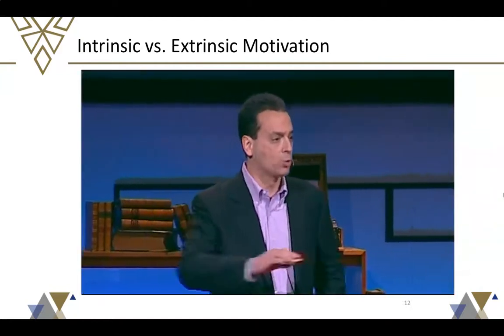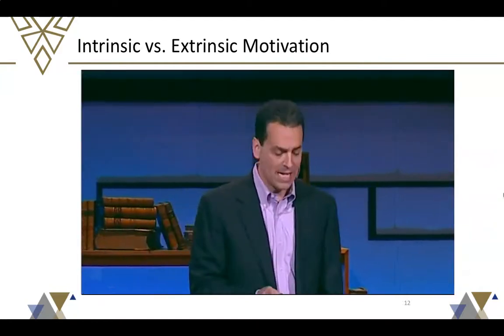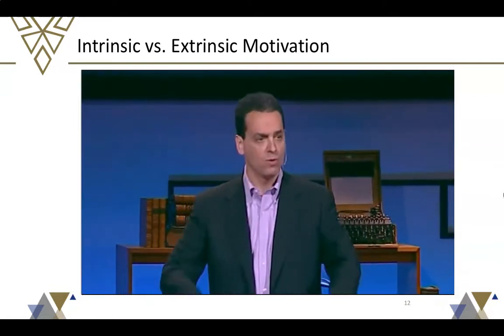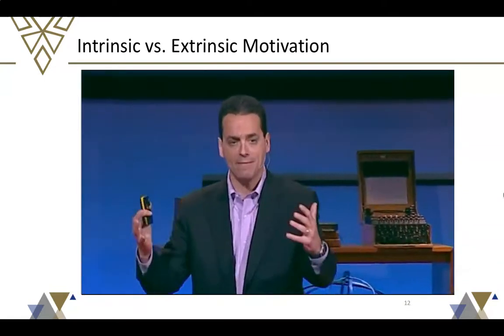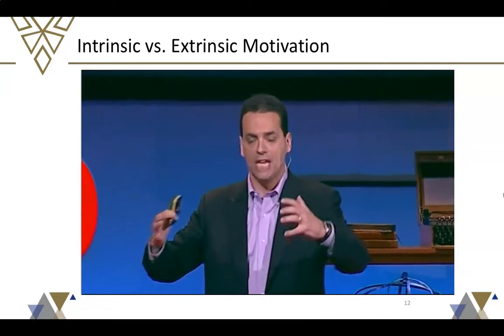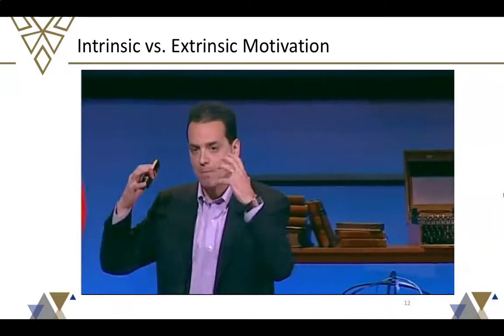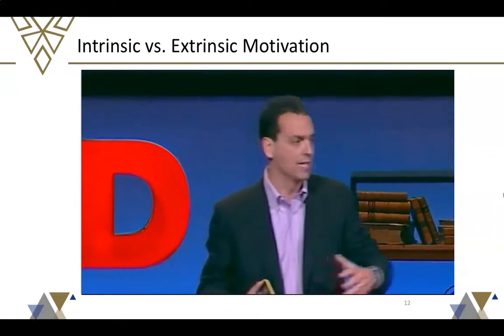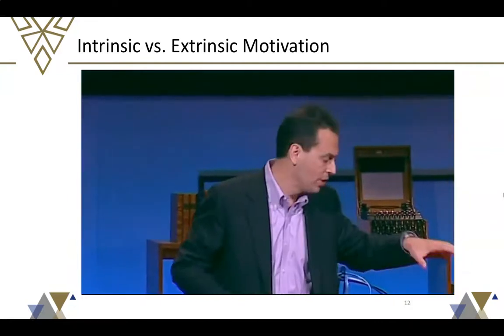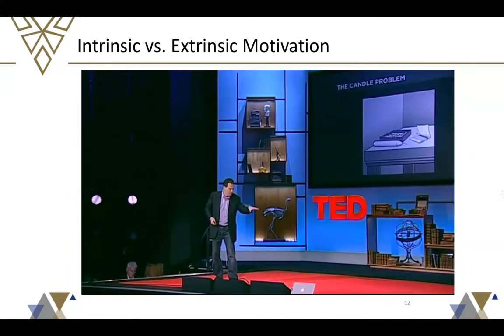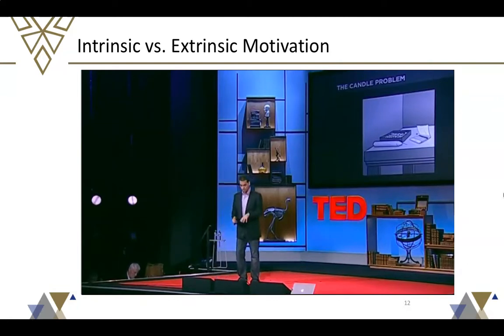Dan Ariely, one of the great economists of our time, he and 3 colleagues did a study with some MIT students. They gave these MIT students a bunch of games that involved creativity and motor skills and concentration. And they offered them for performance 3 levels of rewards. Small reward, medium reward, large reward. Okay?